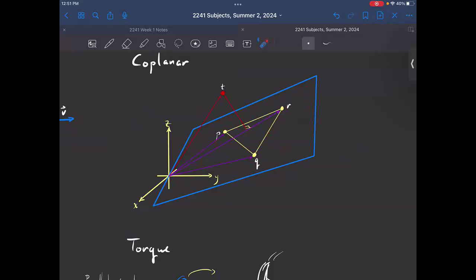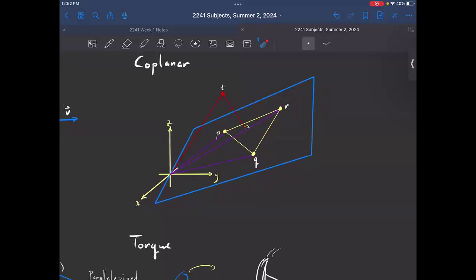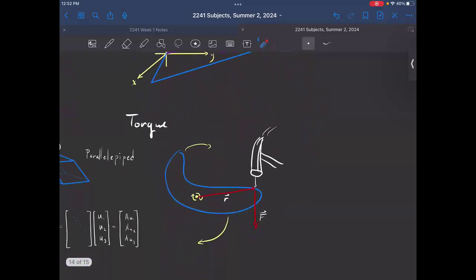If I were to draw a vector from somewhere in the plane to T, this vector is outside of the plane, in blue. So it is not coplanar with any two of these vectors. So you say, all right, pick two vectors, they make a plane. Pick another vector, is it in the same plane? This one is not. So that's what coplanarity is.